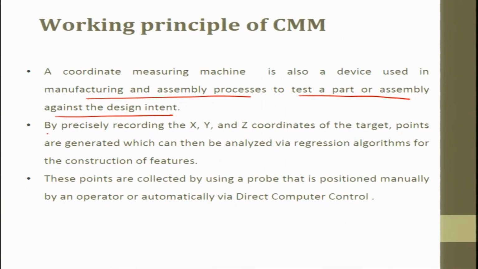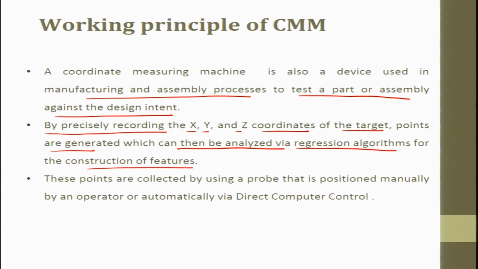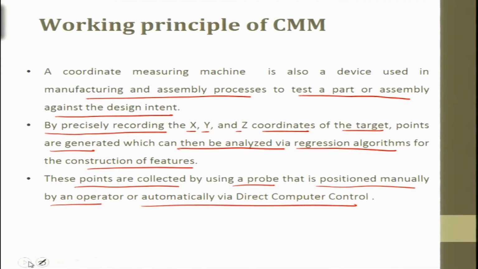By precisely recording the X, Y and Z coordinates of the target, points are generated which can then be analyzed via regression algorithms, because we can have mathematical relations, mathematical equations, for construction of the features that we finally need in our product. These points are collected by using a probe that is positioned manually by an operator or automatically by direct computer control.